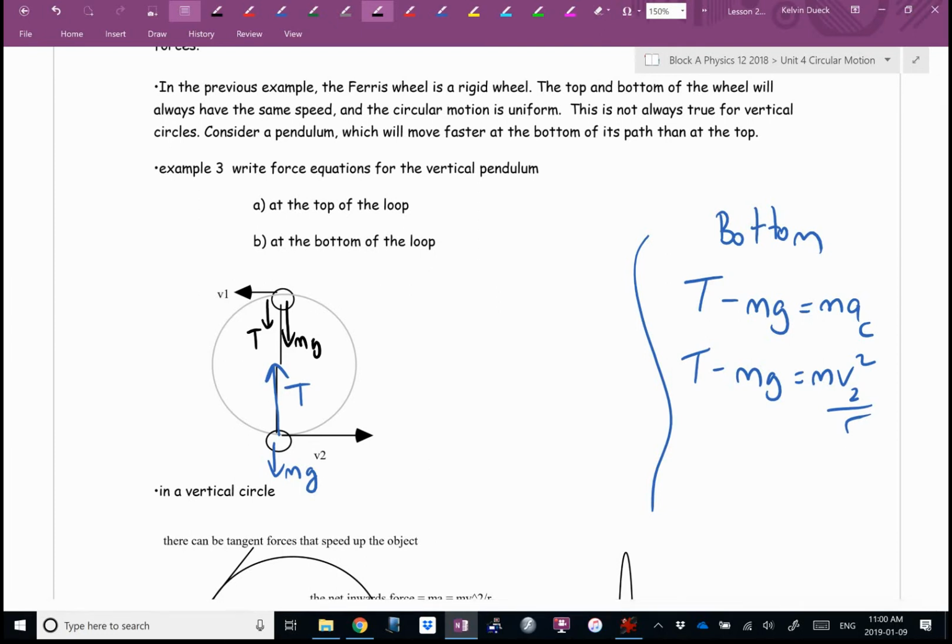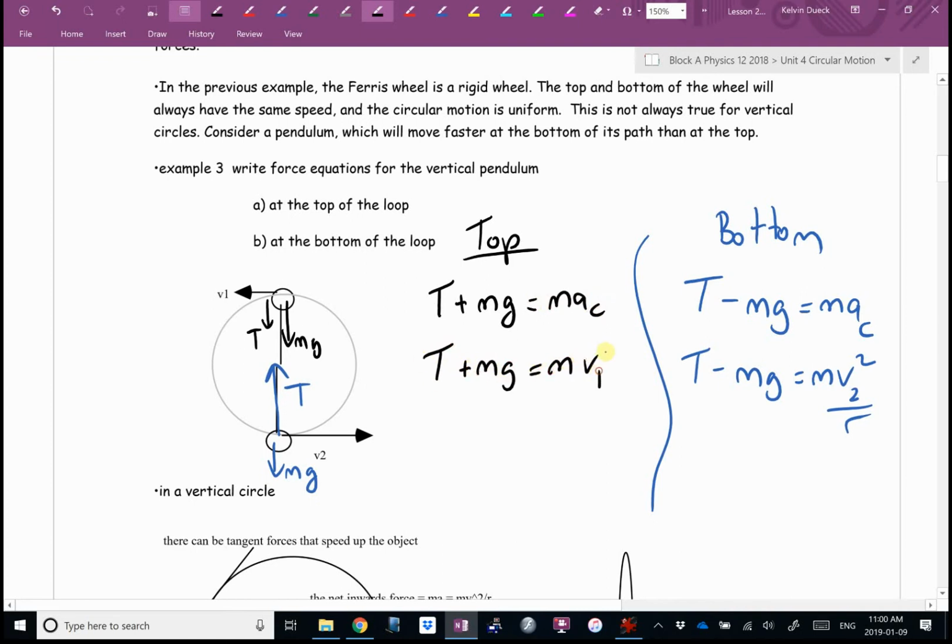No, don't cancel. Who's winning? They both are. Who's losing? No loser. So at the top, my equation looks like this. Tension plus mg equals m ac. Tension plus mg equals m v1 at the top squared over r.